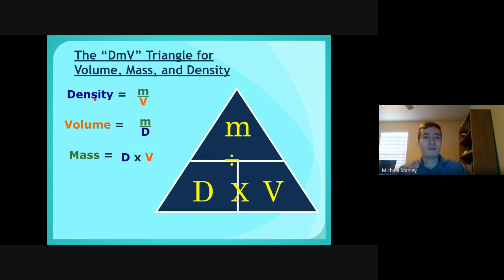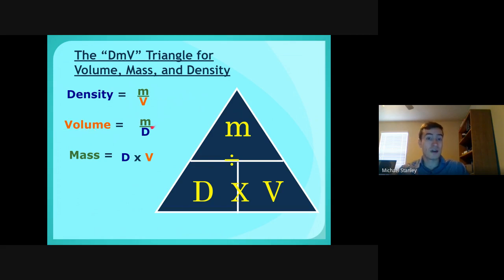So, for example, if we knew the mass of an object and the volume of an object, then we can calculate the density. We do mass divided by volume, and we can calculate density. If we know what the mass is, and we know what the density is, we can calculate volume.